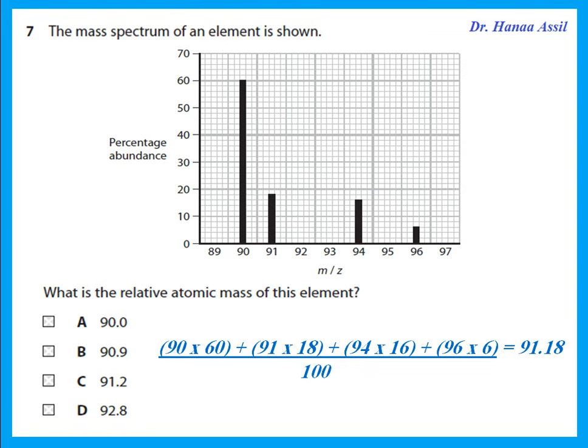So here we have 4 isotopes, one with mass 90, 91, 94, 96, and the height, of course, of these peaks will show the percent abundance, or these bars will show the percent abundance. So we end up with 91.19. So that is this number, which is C.